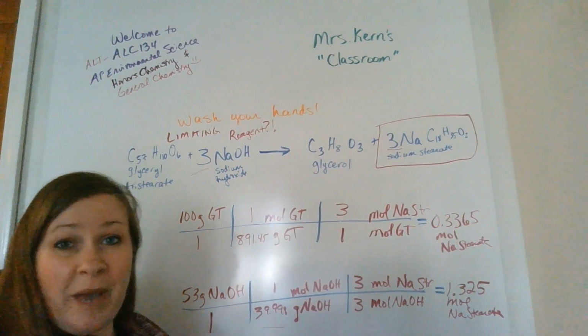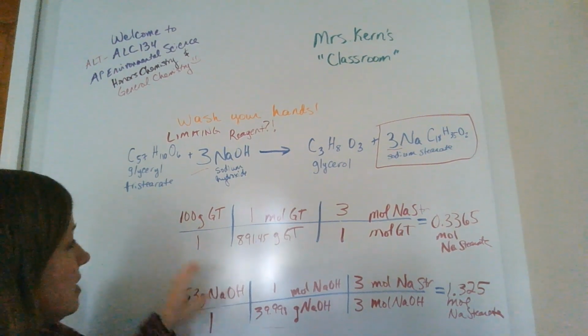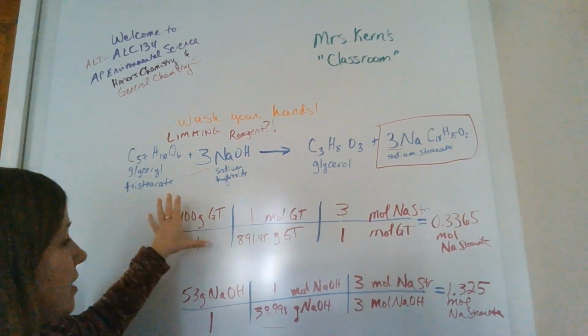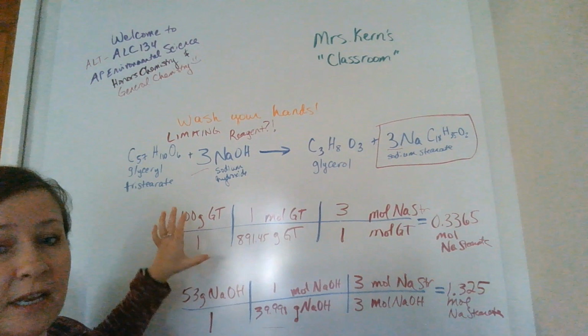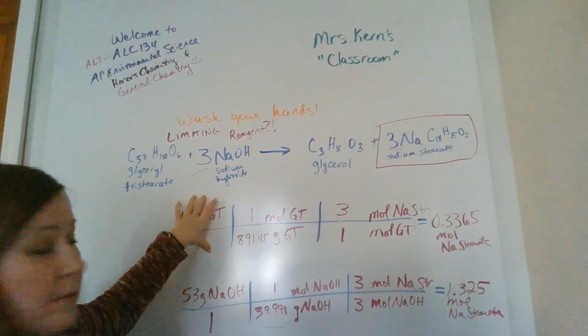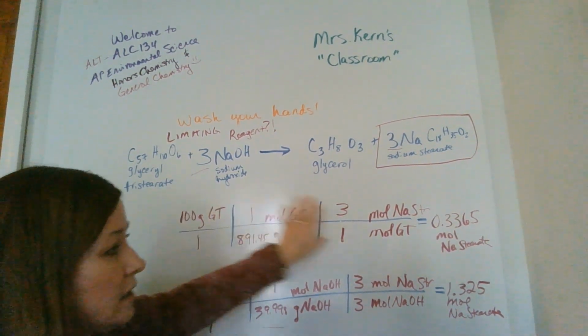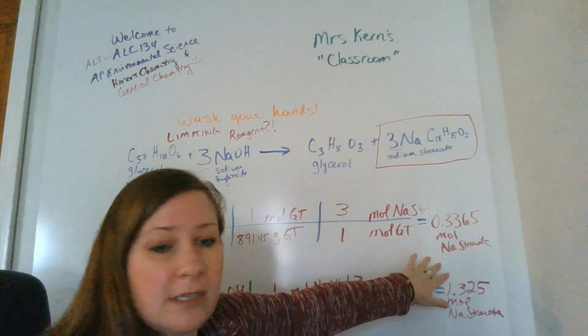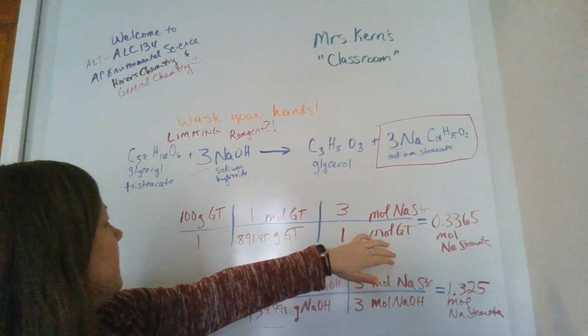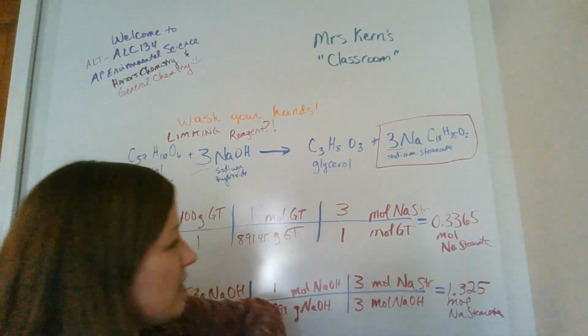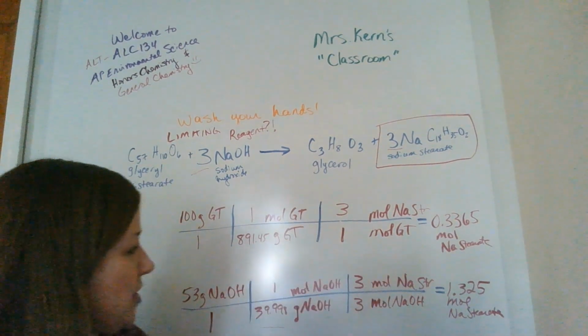Okay, so I've done the math, and I figured out that if I had 100 grams of glyceryl tristearate and enough of the other reactant to make all of this react, I could get 0.3365 moles of sodium stearate.